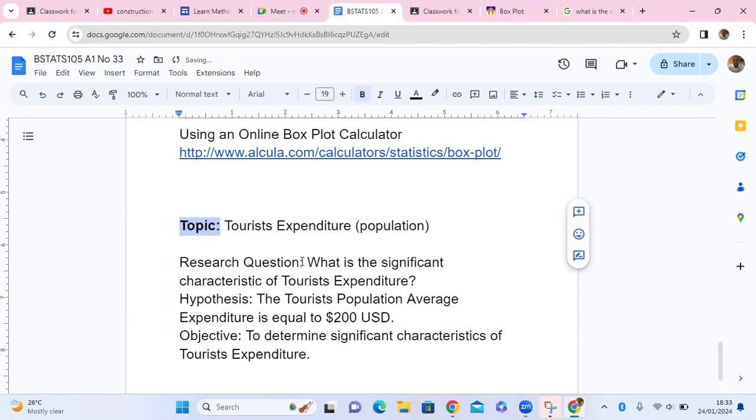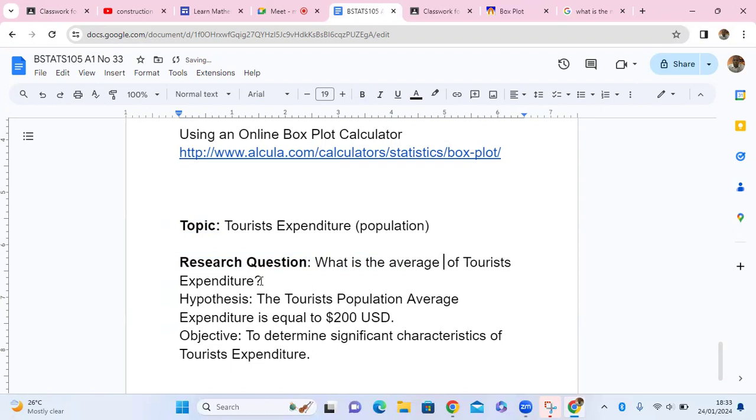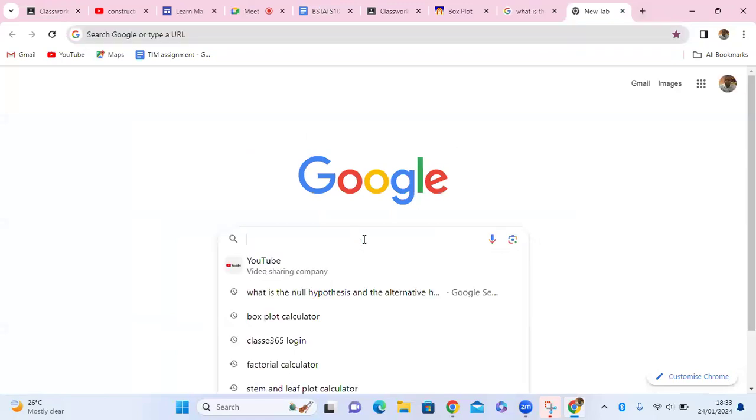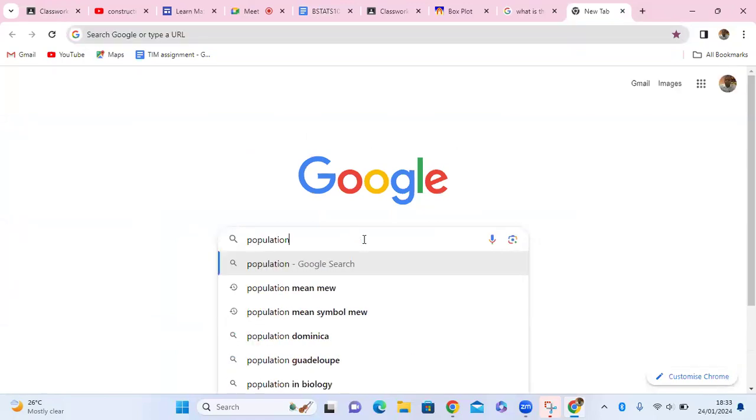When we ask the question, what is the average of tourist expenditure, we are talking about the population as a whole. Population mean is given by a symbol called mu. We're going to learn that in the next assignment. You have what we call sample mean and population mean.